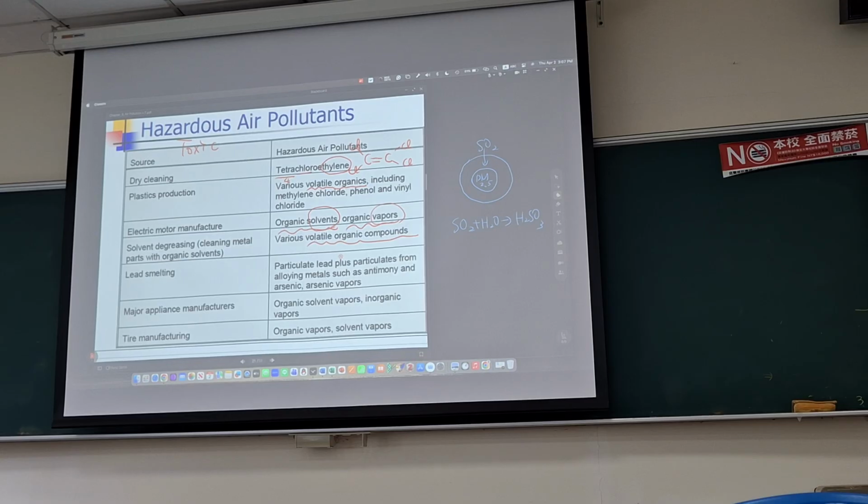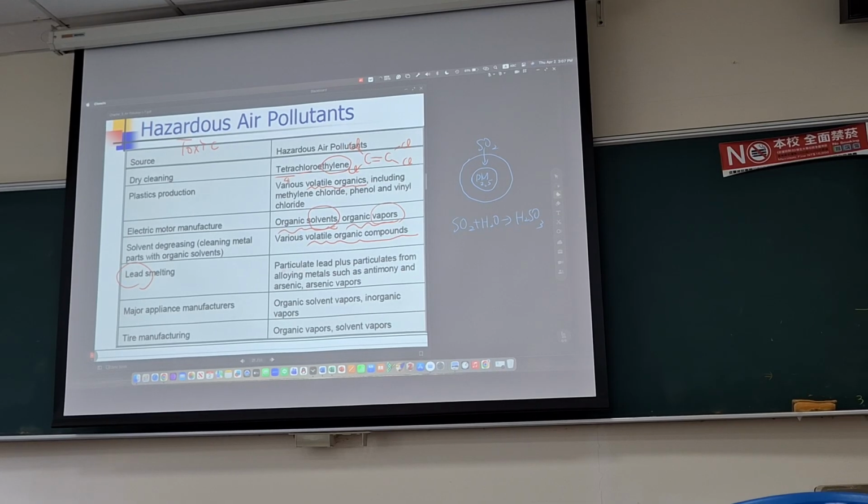Okay, lead is a heavy metal. So particulate lead plus the particles from alloying metals, such as antimony. Those are very heavy metals.